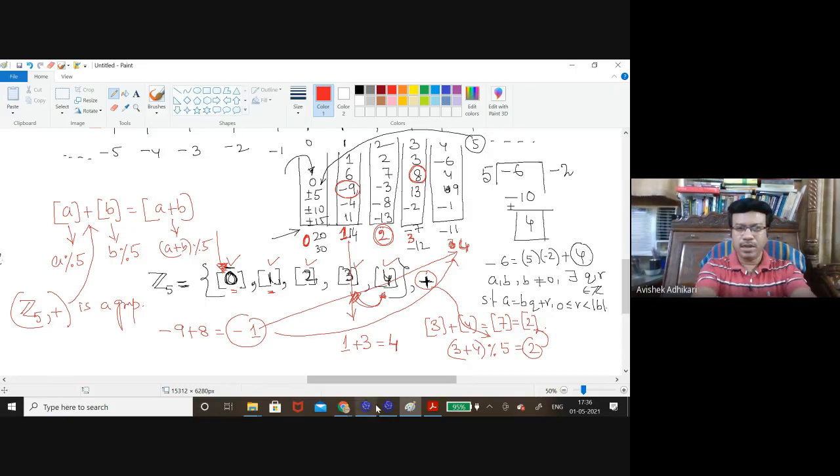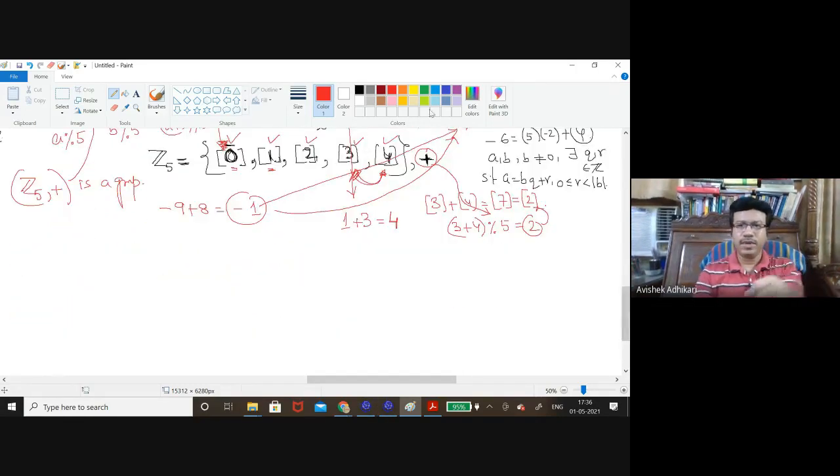Now my question is, is this a commutative group? If I ask you the question, is Z5 plus a commutative group? What is your intuition, true or false?